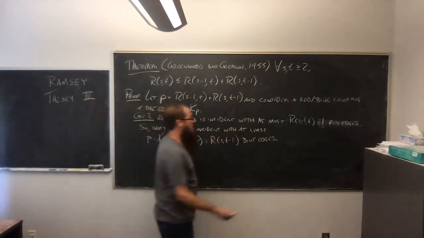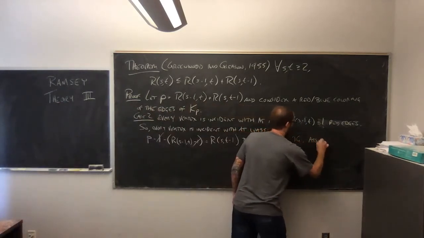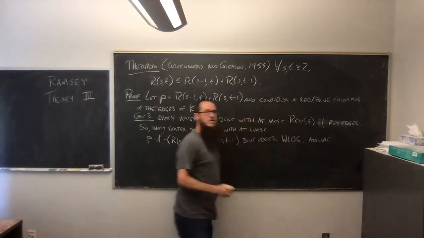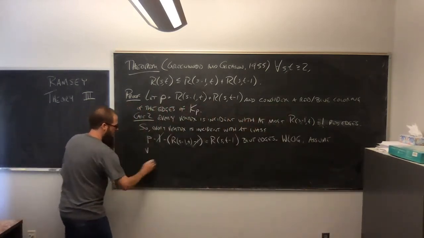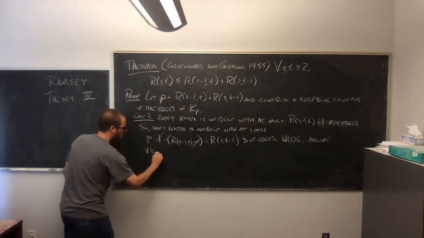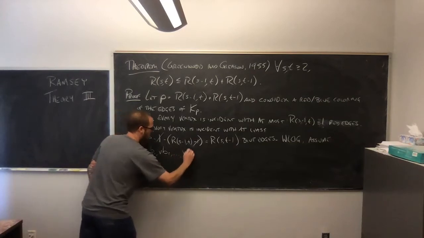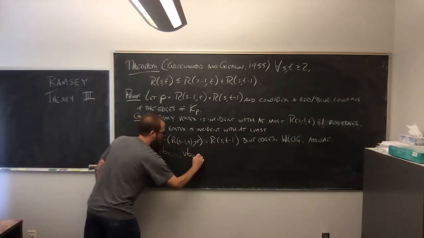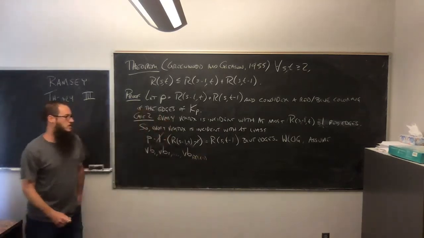So without loss of generality, let's go ahead and assume, this time I'm going to use vertex V, and then V B1, V B2, all the way down to V B sub R(S, T minus 1). Let's assume these are blue.